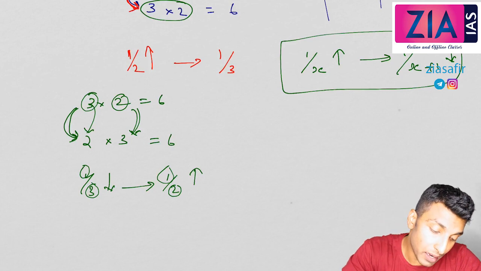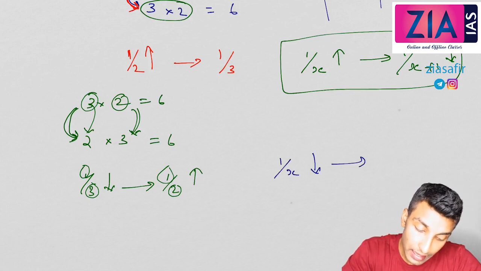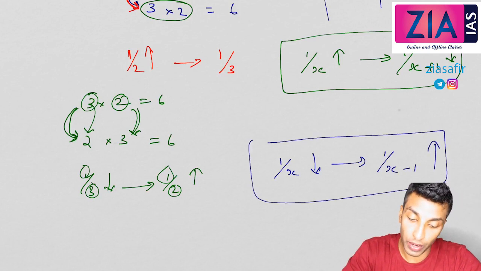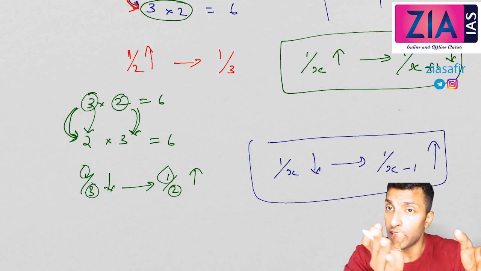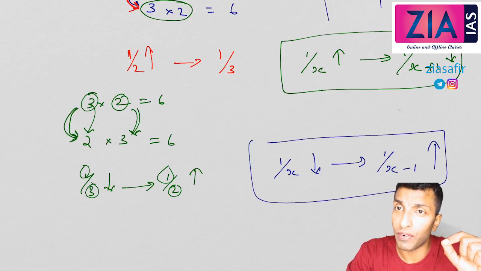So how can I write it for decrease? 1 by x decrease leads to 1 by x minus 1 increase. So if it is decrease, one thing is sure, there is going to be an increase in the other. If A is decreasing, B will increase. If B is decreasing, A will increase. So this decrease could have happened in any one of the parameters.